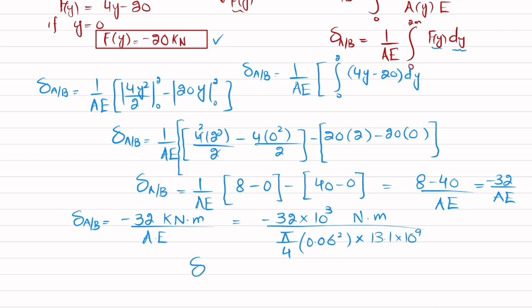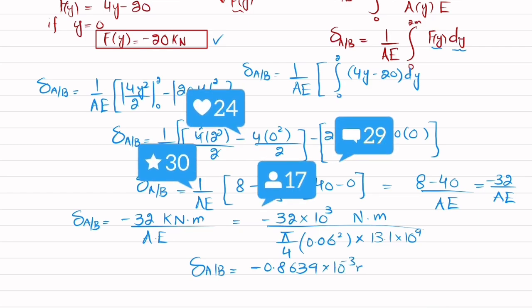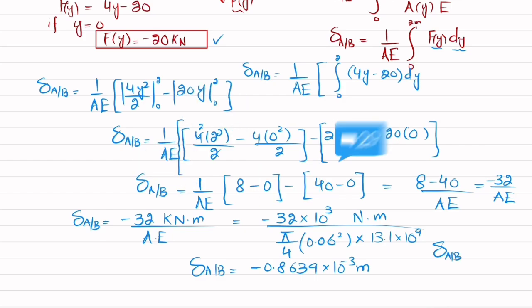Okay, so when you solve this, you will get the displacement of point A with respect to B come out to be minus 0.8639 into 10 raised to power minus 3 meter, or you can say the displacement of point A with respect to B is minus 0.8639 millimeter.